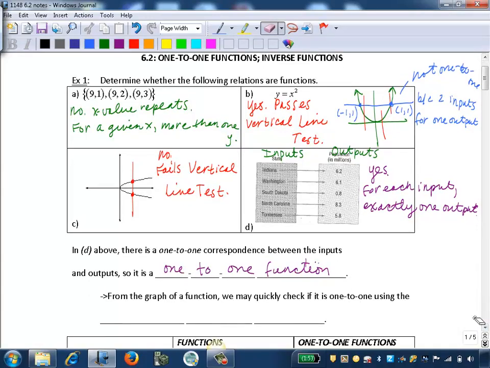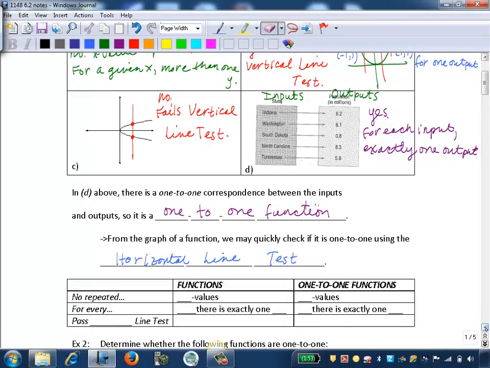So from the graph of a function, we can quickly check if it's one-to-one using the horizontal line test. So everything you know about determining whether a relation is a function, we have a parallel idea, a corresponding idea when we determine whether a function is one-to-one. So I have a table that organizes this to help you remember.